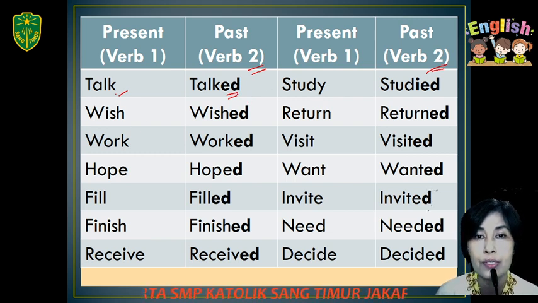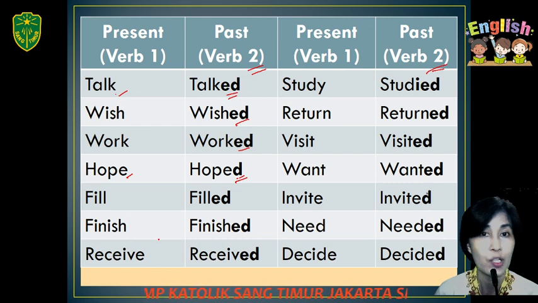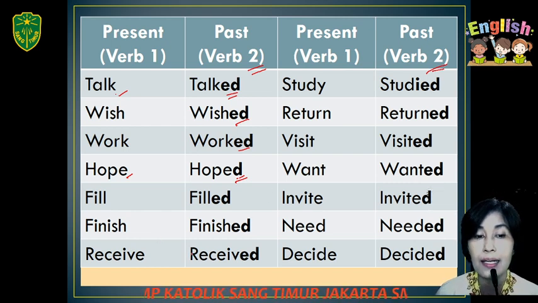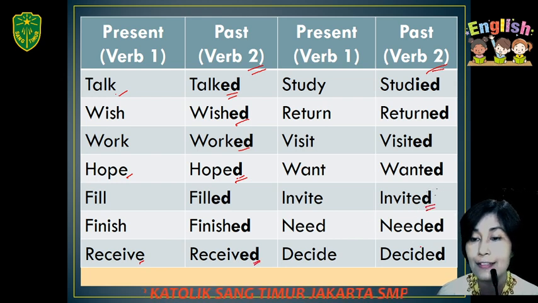Talk, talked. Wish, wished. Work, worked. Hope, hoped. Well, hope ends in e, so you just put d. Not ed, but d. Like receive, received, just put d. Invite, invited. Decide, decided. Just put d.